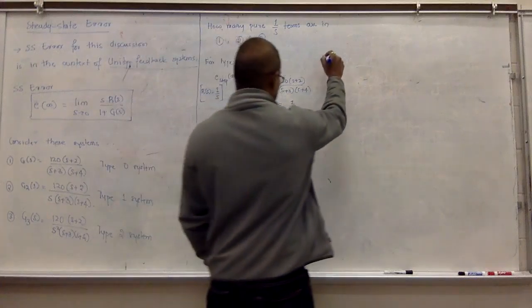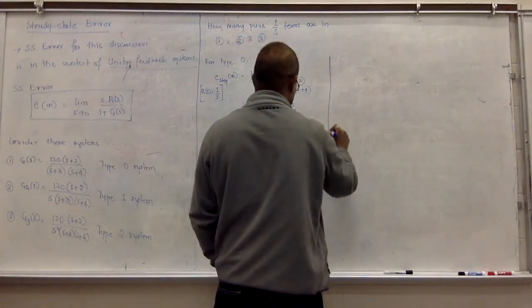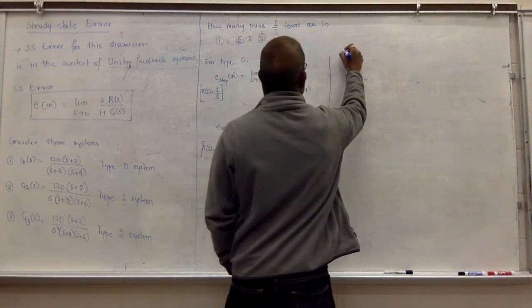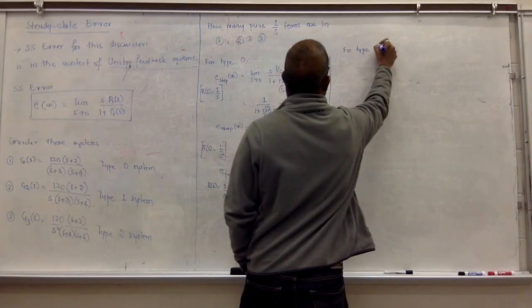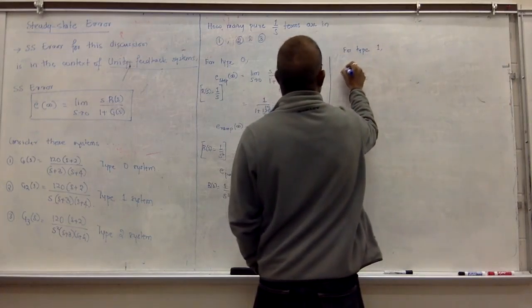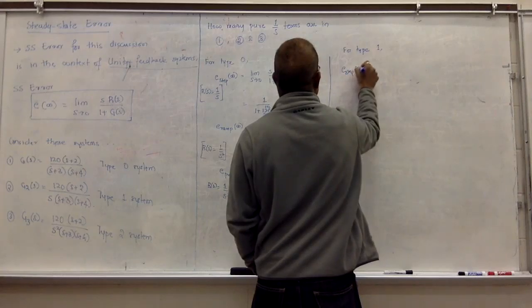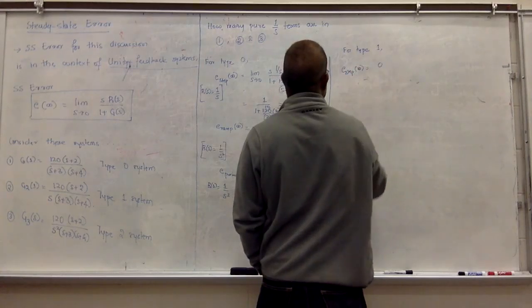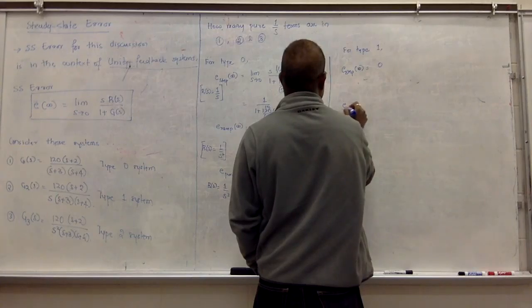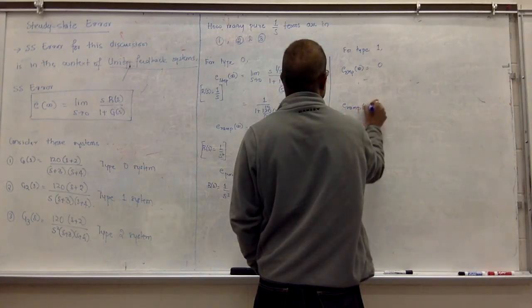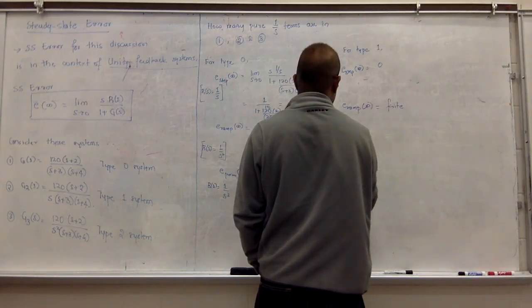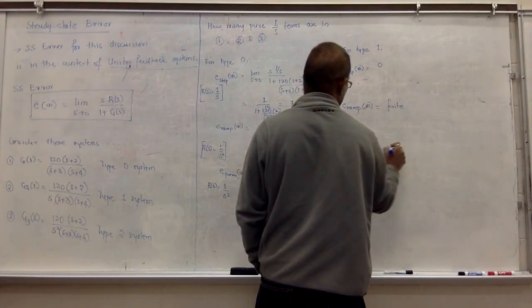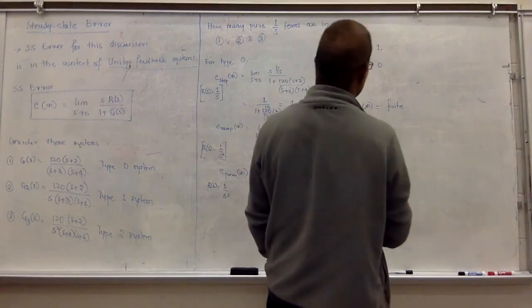Now you see this pattern. For type 1, E step would be 0, E ramp would be finite, and E parabolic would be infinite.